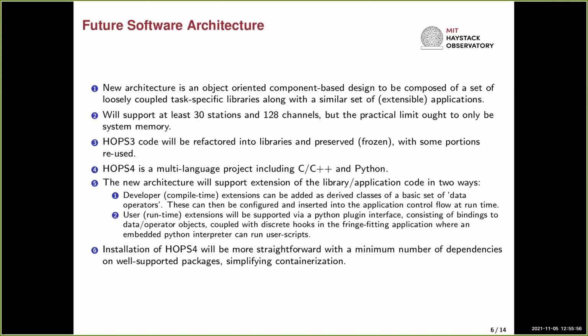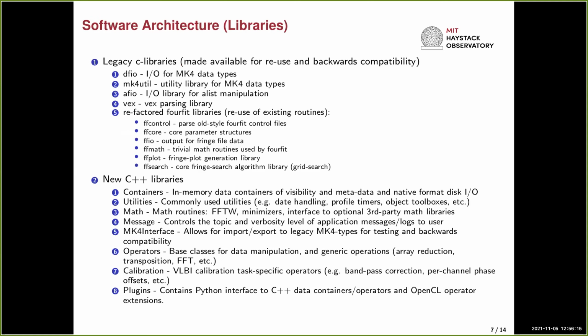So there'll be bindings to the data containers and the data operators, and users will be able to interact with those during fringe fitting and other operations that you might perform on the data. We also expect that the HOPS4 installation process should be much more straightforward and require far fewer dependencies, so that it should hopefully simplify containerization.